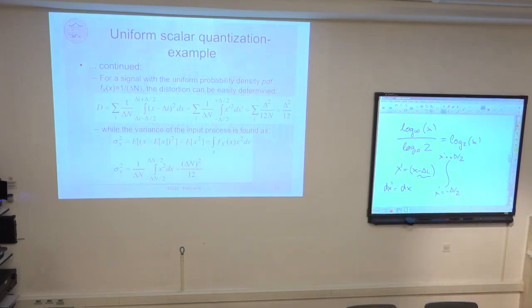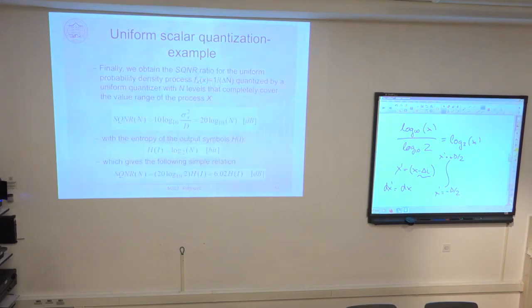Okay? And now I have the variance of the signal as well as the variance of the distortion, of the error, and I can compute the ratio. What is the ratio of sigma x squared compared to the distortion d, which is actually this e squared. Okay? So 10 times logarithm base 10 of signal variance in relationship to distortion d.